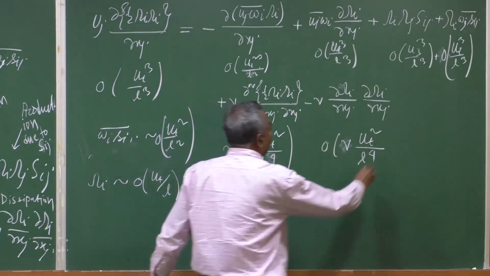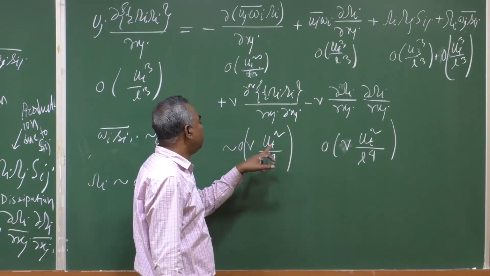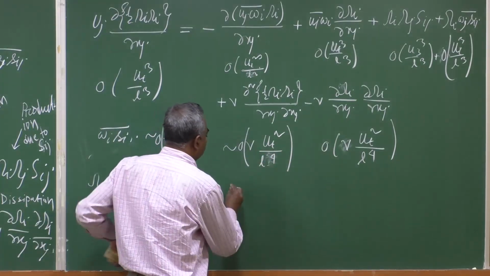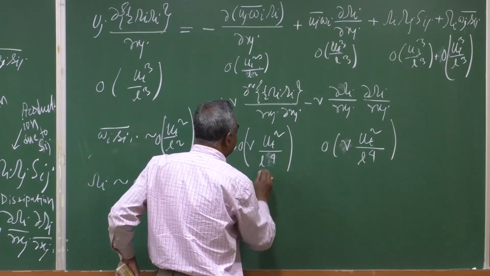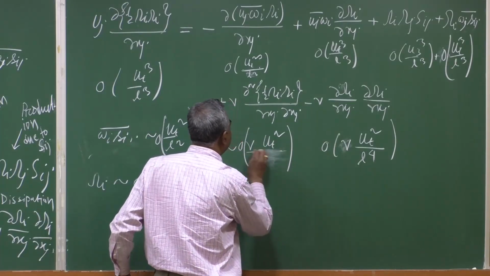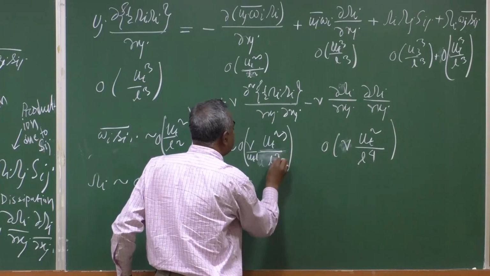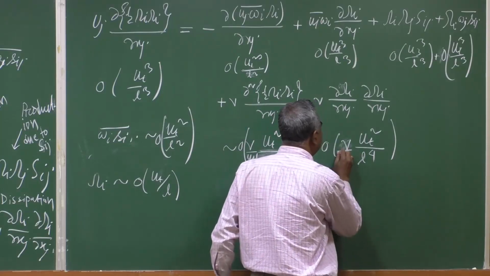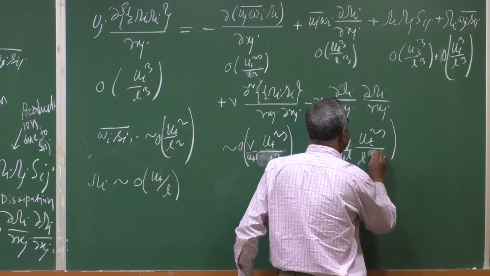Okay. So, that means you see what we can do, we can write this as nu ut cube by L cube, then so essentially this particular order can be written as, you see, nu by ut L and ut cube by L cube. Similarly, this particular order can be written as ut L ut cube by L cube.